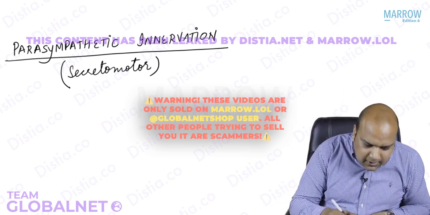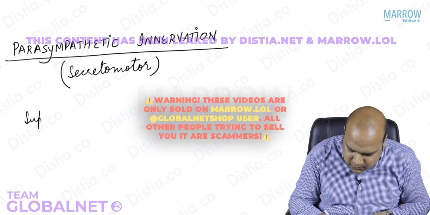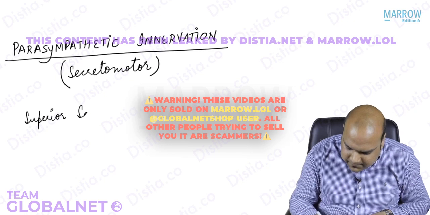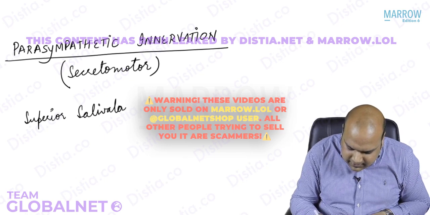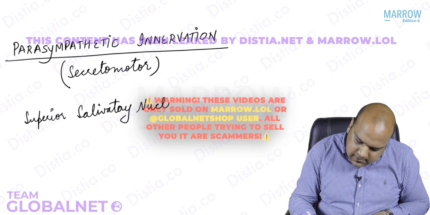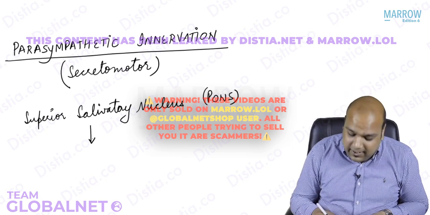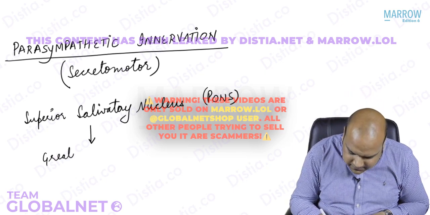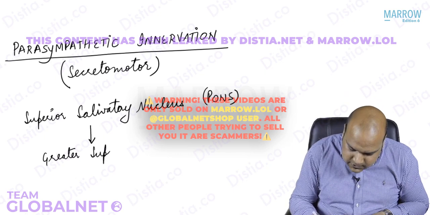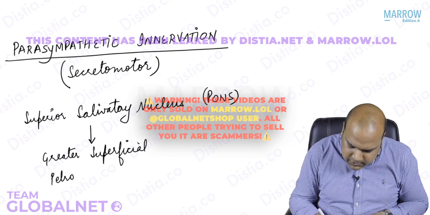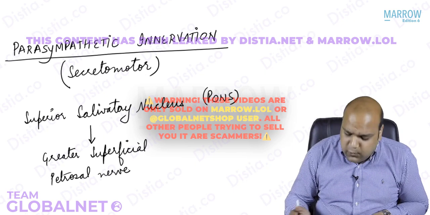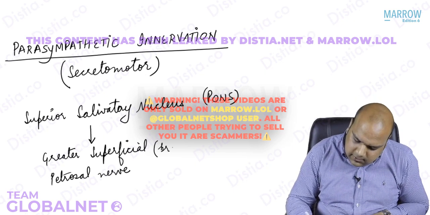So where is the center located, everybody? So the center starts from superior salivatory nucleus, which is situated in the pons. From here, the impulse travels via greater superficial petrosal nerve, which as all of us would know is a branch of facial nerve.